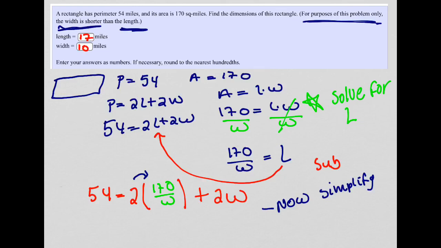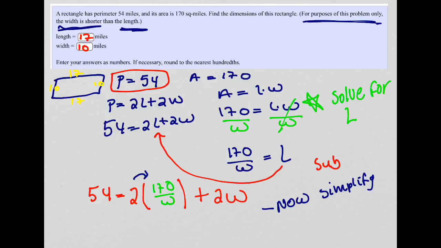And we can double check this to be sure. The perimeter is 54. If the width is 10, so this is 10 here, this is 10 here, this is 17, this is 17. That should add to 54. So 10 plus 17 plus 10 plus 17.